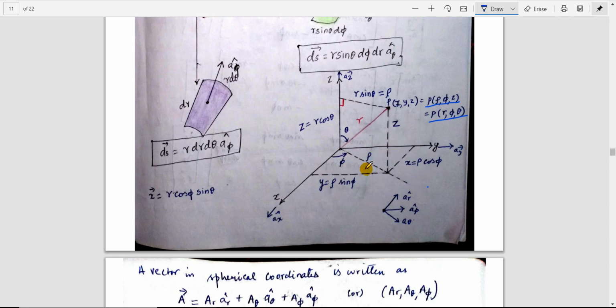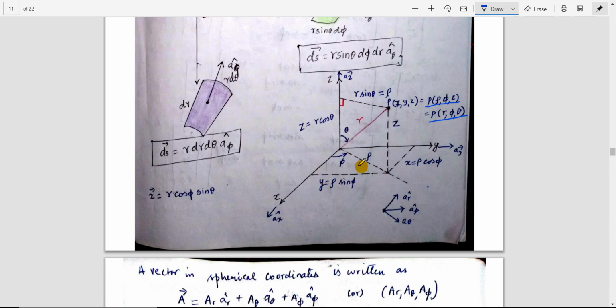The same diagram is represented here also, because the spherical and the cylindrical coordinate systems are both curvilinear coordinate systems. So curvilinear coordinate systems consist of base radii of the curvilinear surfaces. That particular base surface is represented by rho. This rho is represented in all the curvilinear coordinate systems, so we are also mentioning it here.